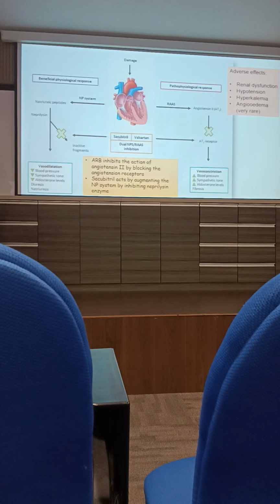So you give sacubitril, you inhibit the enzyme here, neprilysin. So neprilysin converts natriuretic peptides into inactive metabolites. So when you block here, natriuretic peptides are working very well. Okay, and you block the action of angiotensin at the receptor, it causes this vasodilatation effect.